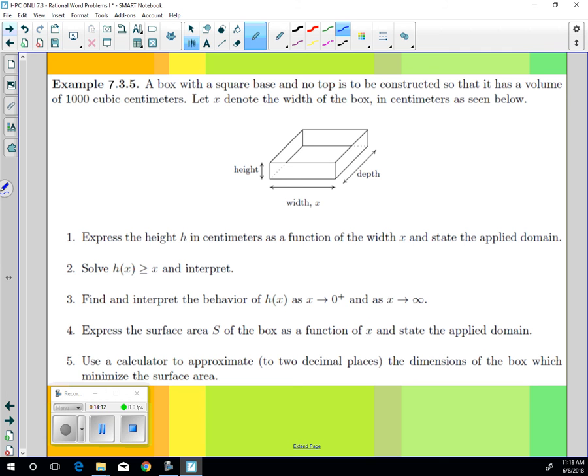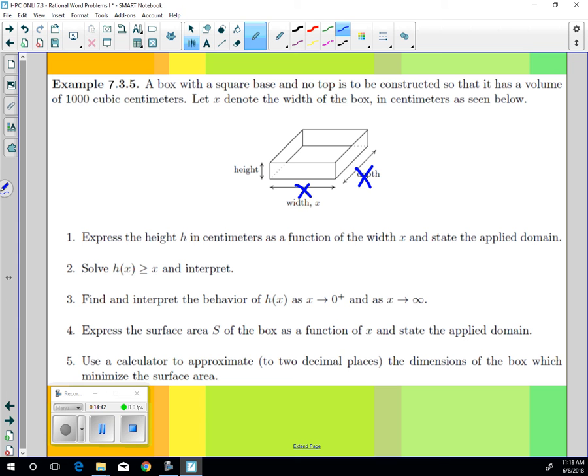And then always take a look at problems that have unknown variables. We have the square box problem. A box with a square base. So this is x and this is x. It's a volume of 1,000 cubic centimeters.